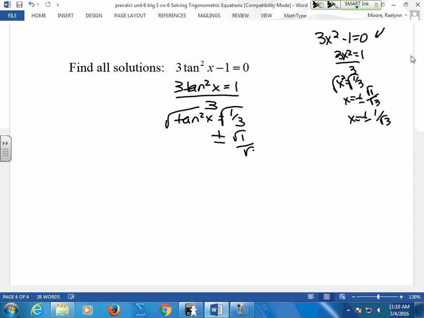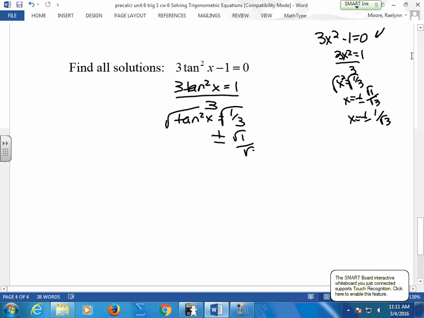Separate your radicals, otherwise you're not going to recognize this as your special right triangle. And just like I just said, you're going to get this in every quadrant. Watch. Get your plus or minus, separate your radicals. If you leave it like this, it's not going to make much sense to you.